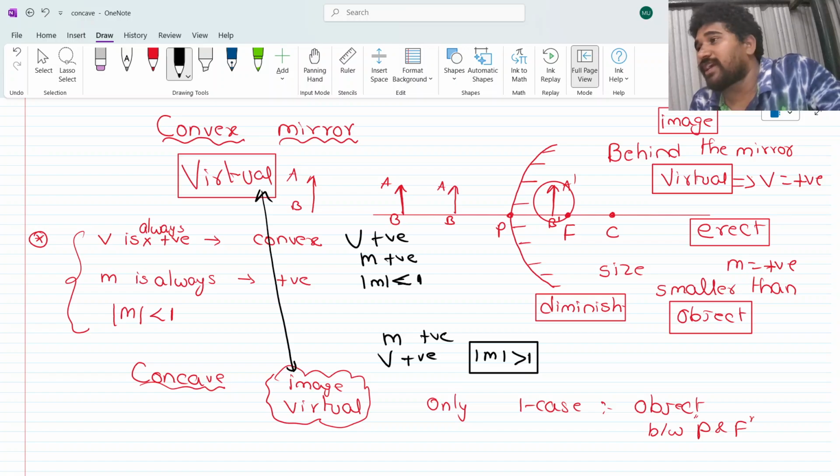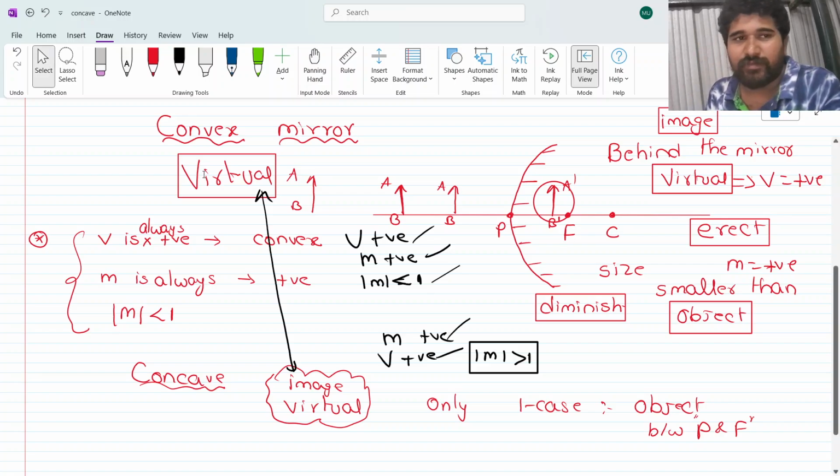That is the way you will recognize which case it belongs to. Everything is the same: virtual, virtual, erect, erect. But M less than 1 means it belongs to convex. If M is greater than 1, it belongs to concave.